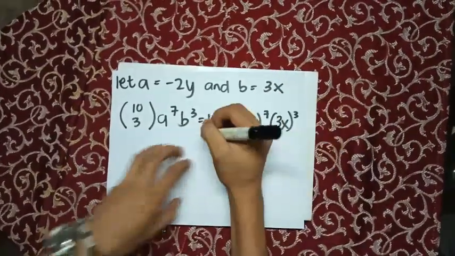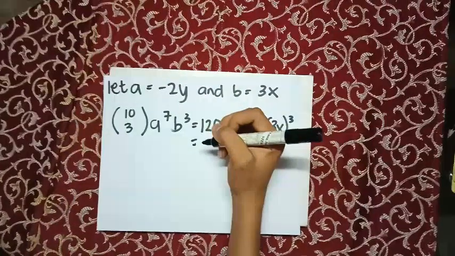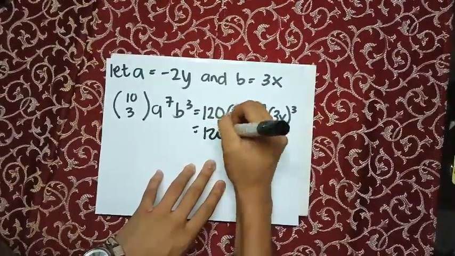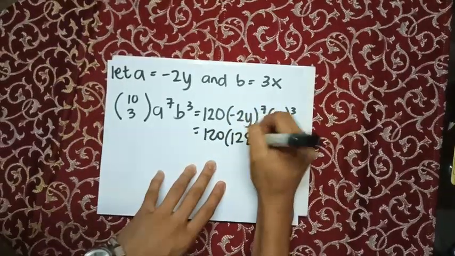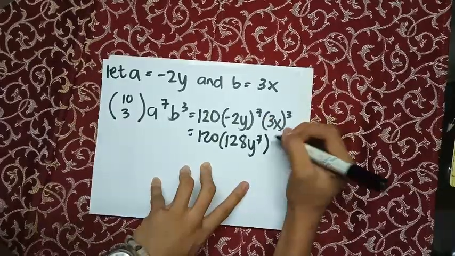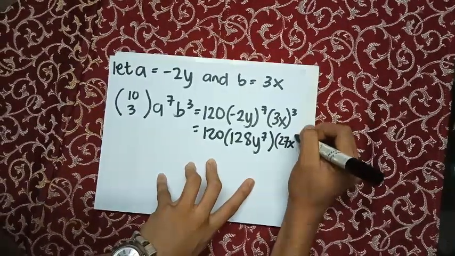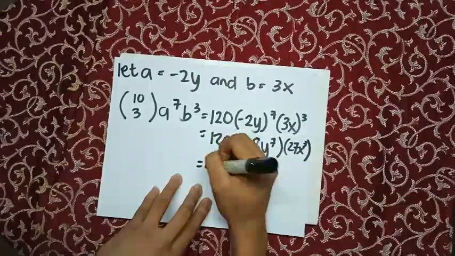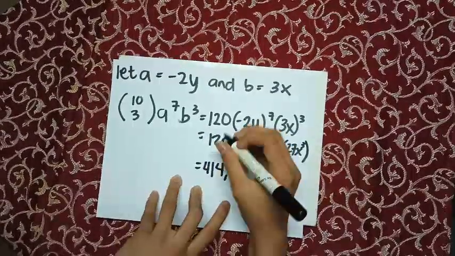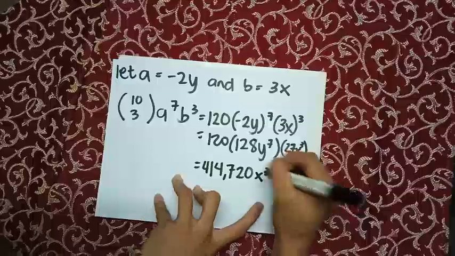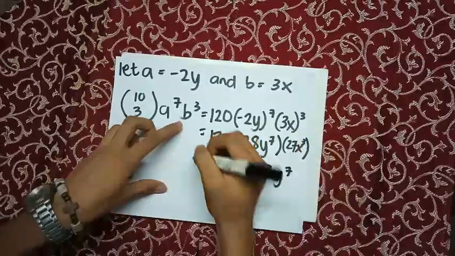Evaluating the problem, 120 times the quantity 128y raised to 7 times the quantity 27x cubed, and we will get 414,720x cubed y raised to 7.